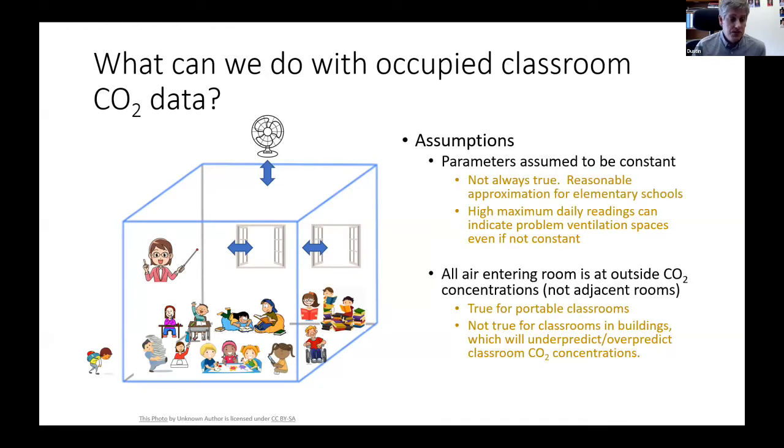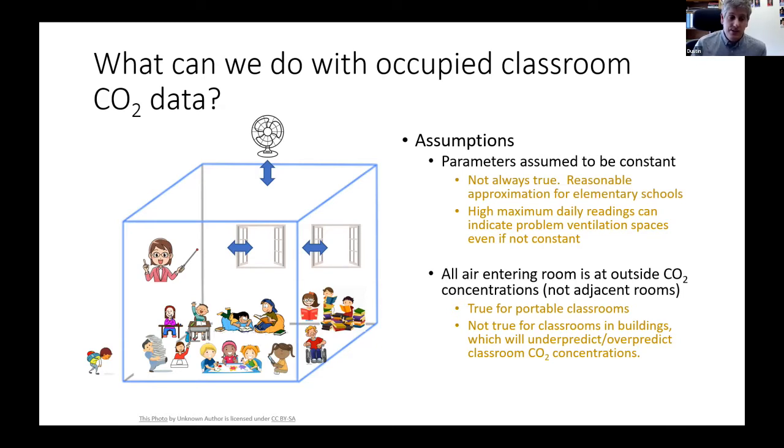There are some other assumptions. This model includes a steady state assumption for the occupation and ventilation rates. While it's not great for all spaces, the assumption is reasonable for classrooms, as the classroom activity and number of kids present tend to be relatively consistent on the time scale of this model.